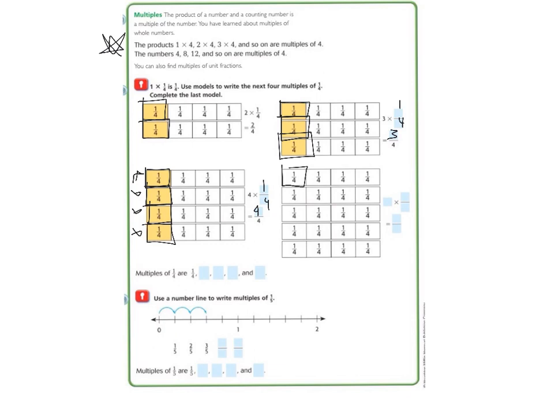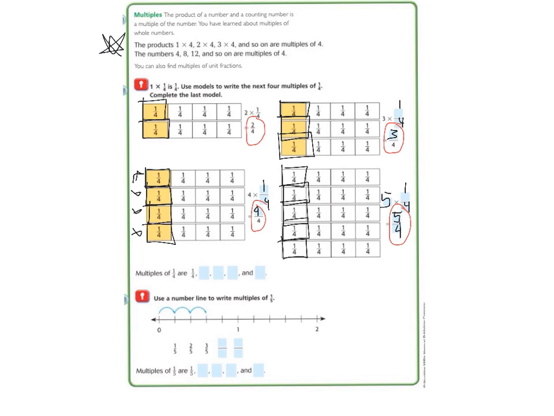Here's 1, 2, 3, 4, 5. 5 pieces that are each 1/4 gives me a total of 5/4. So the multiples of 1/4 are, I'm going to go through and circle them, 1/4, 1 times 1/4, 2/4, 3/4, 4/4, and 5/4.